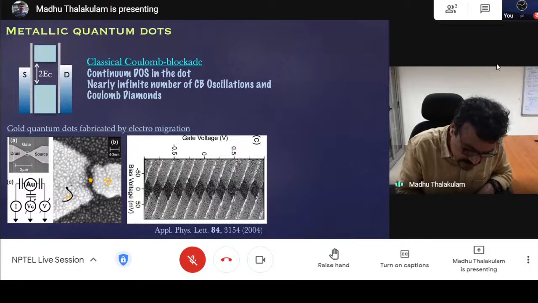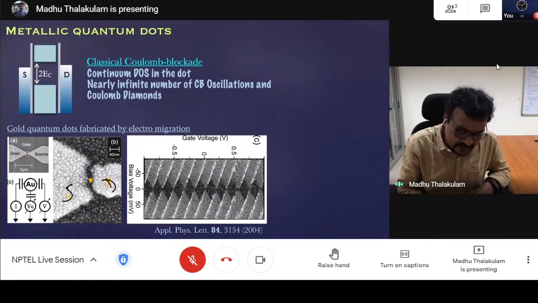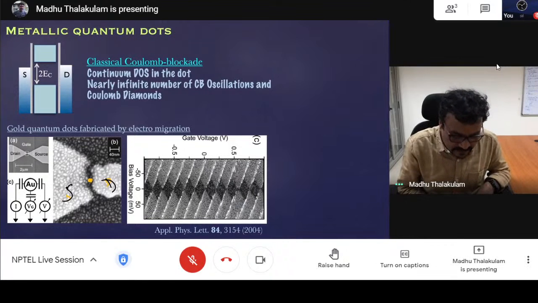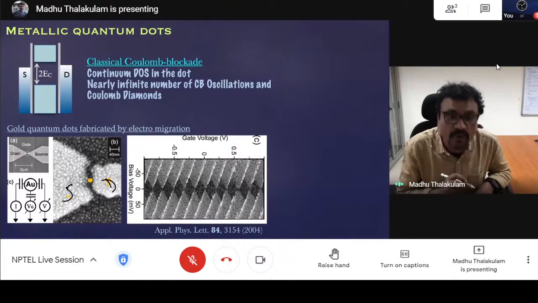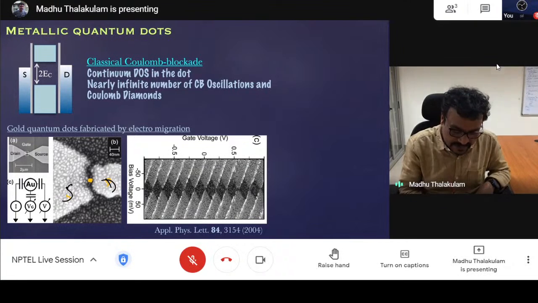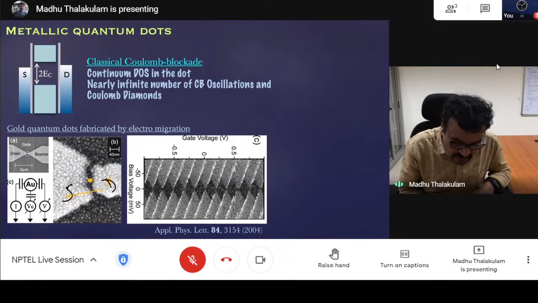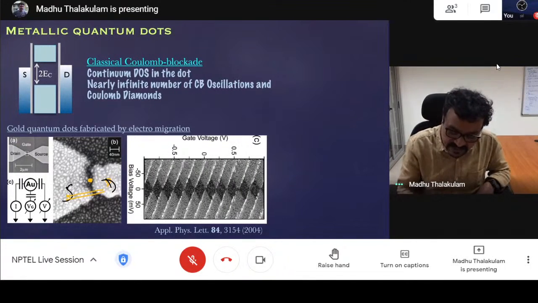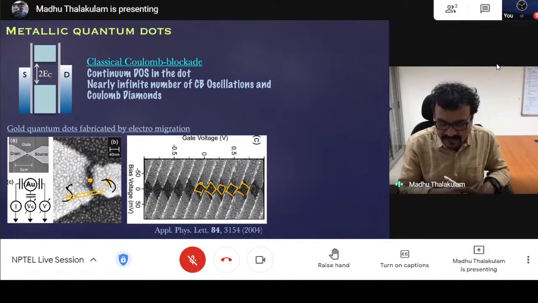This is the source region and this is the drain region, and you can have some small grains of aluminum. Sorry, small grain of gold, trapped here. So when you measure transport through the system as a function of gate voltage and source-drain bias voltage, as we just discussed, we are seeing diamond shaped regions. These are the diamond shaped regions.